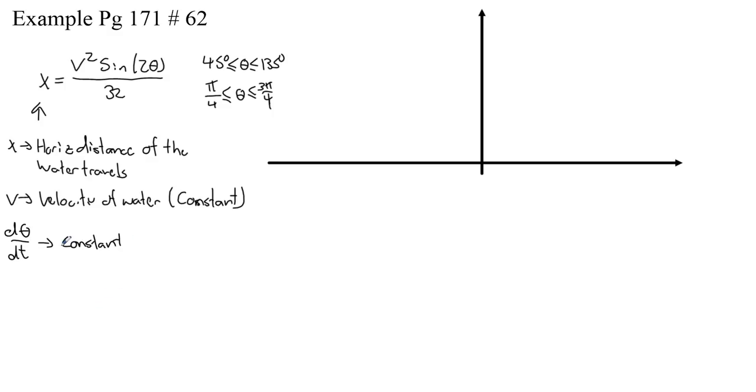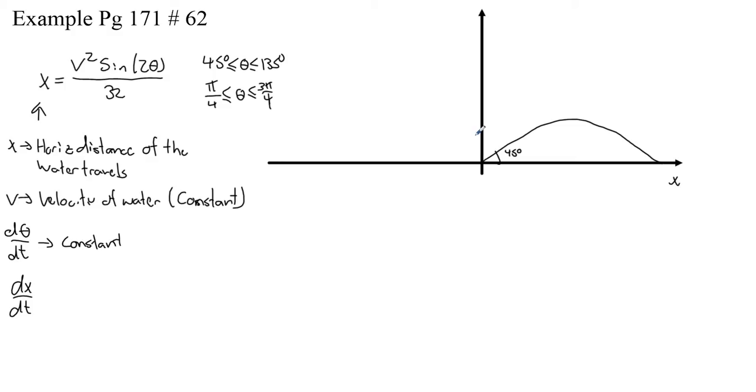So the change in the angle of the sprinkler system is always going to be a constant. And so they want us to find dx over dt. They want us to give an equation and then explain why the lawn sprinkler does not evenly water the lawn. So basically what's happening here is that when this angle is 45 degrees, it shoots out that far and it goes to there, and again, this is x.